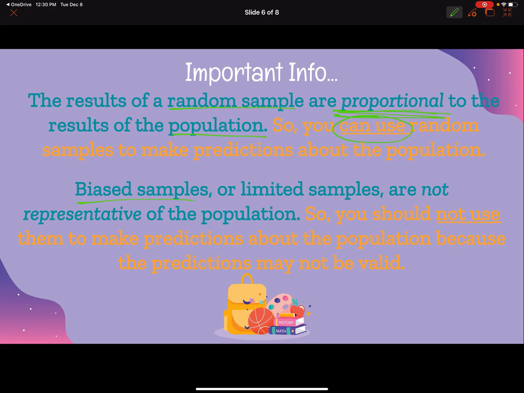Biased samples or limited samples are not representative of the population, so you should not use them to make predictions because the predictions may not be valid. So we really can't set up a proportion if it's not going to be valid.